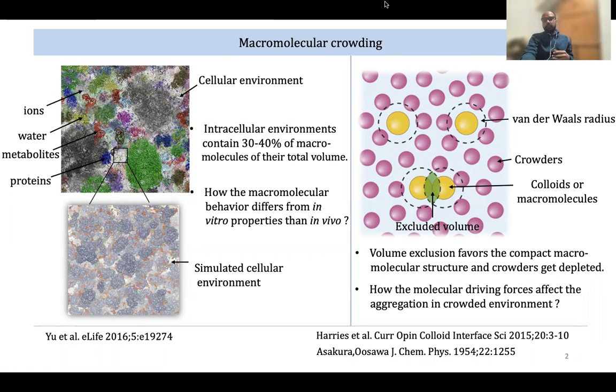In this right picture, the spheres with the purple color represent the crowders, and the yellow one represents the macromolecules, and the dotted circle around the yellow one represents the van der Waals radii. When these two macromolecules come close to each other, the van der Waals radii start to overlap. As a result, it increases the free configurational volume available for the rest of the crowders, which increases the entropy, and such a process becomes entropically favorable.